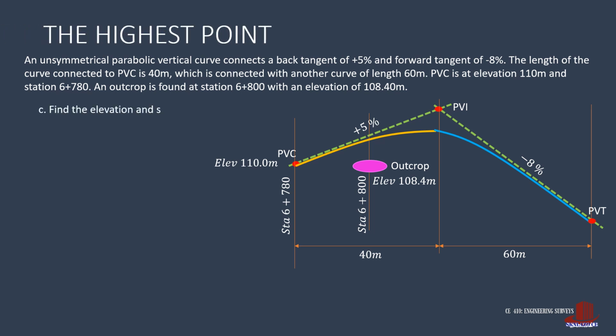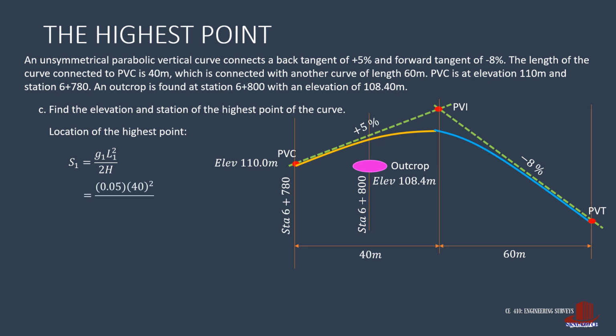The last requirement is the elevation and stationing of the highest point of the curve. The highest point of this unsymmetrical curve is located on the first, so the distance of this point to PVC can be solved from S1, which is equal to g1 with the square of L1 upon 2h.